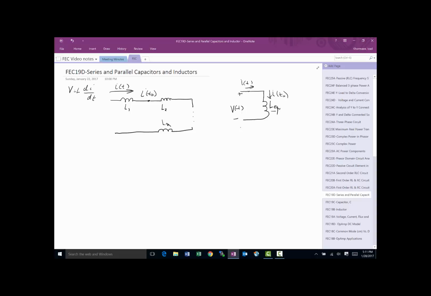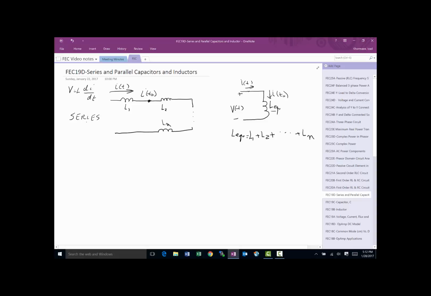In that case, L equivalent for the series case, just like a resistor, is L1 plus L2 plus however many L's are in series, plus Ln. I just want to make sure everybody remembers that two inductors are in series when they're connected on one end and they have the same current, which these do. So this would be series.